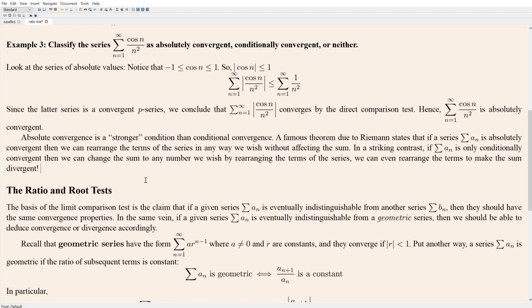If an infinite series is absolutely convergent, then yes, we can rearrange the terms, and that doesn't change the sum. But remarkably, if a series is only conditionally convergent, then rearranging the terms of the series might change the value of the sum dramatically. In fact, we can make the sum be any number we want just by rearranging the terms. We can even rearrange the terms to make the sum diverge. So, conditionally convergent series are very, very fragile.